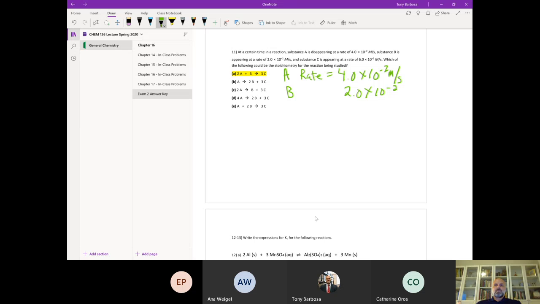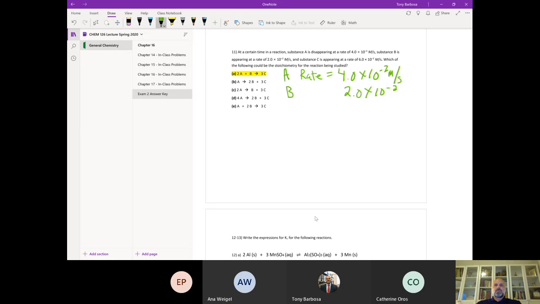Then you can just recombine this part into molarity, and you end up, after rounding, with 1.1 times 10 to the minus 7. That makes sense?